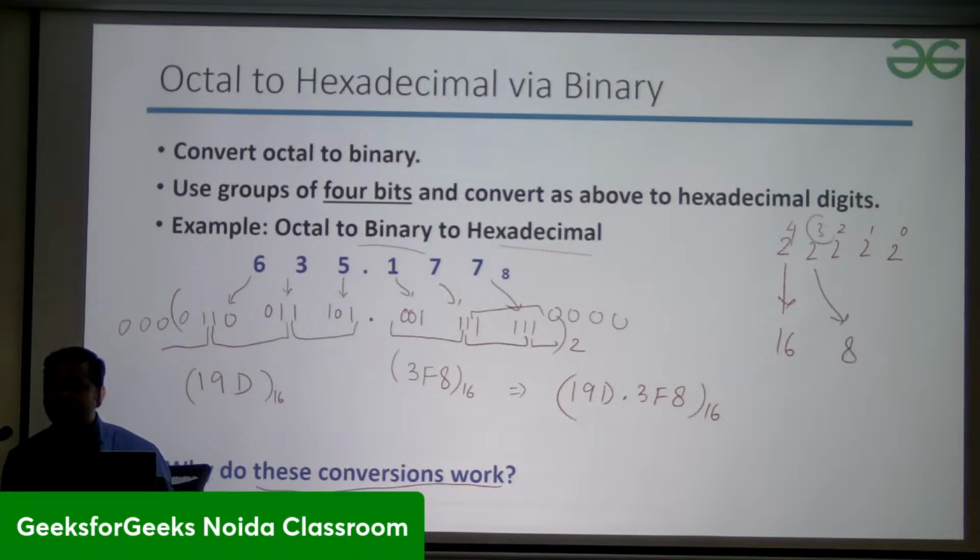So this power term is representing the combination. 3-digit combination is simply representing octal. 4-digit combination is simply representing hexadecimal. Due to this relation, it is easy to convert from binary to octal or hexadecimal.